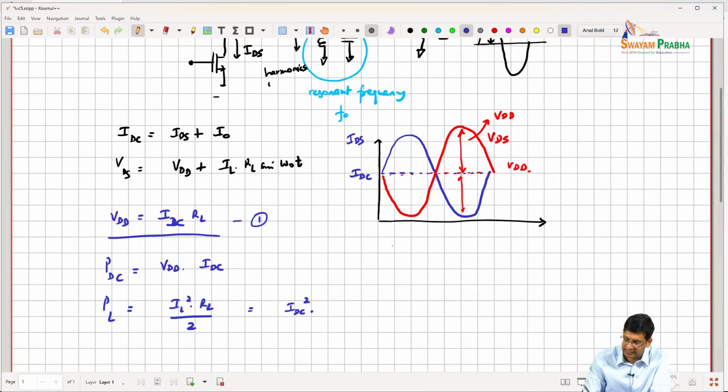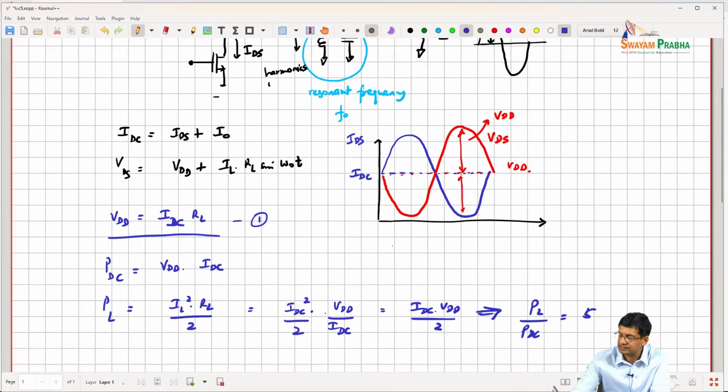So, this is IDC squared divided by 2, but RL is VDD divided by IDC. So, this basically becomes IDC times VDD divided by 2. So, if I think about the efficiency as PL divided by PDC, I see that I am operating at 50%.